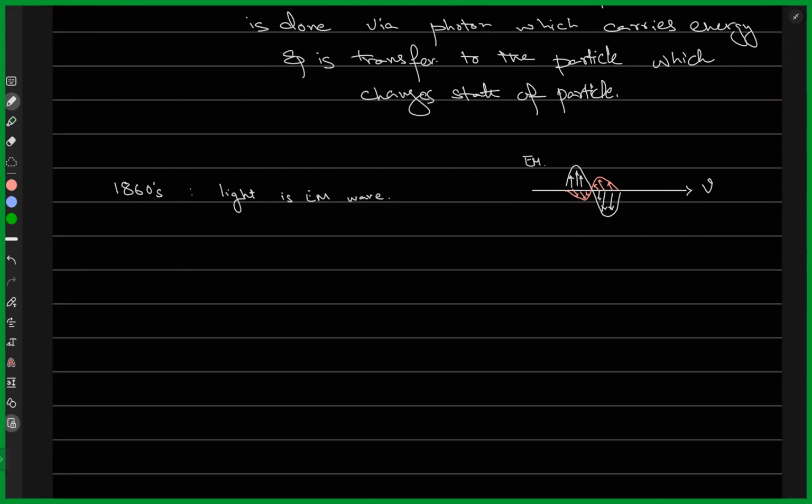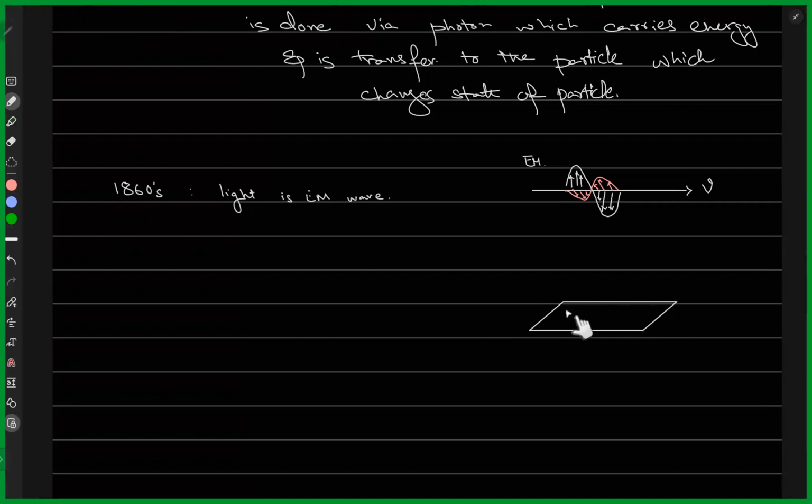But let's talk about the photoelectric effect. We'll talk about it in detail in a bit, but for the sake of this argument, suppose I have a table or a metal sheet. Of course, we know that this metal sheet is made up of electrons. Electrons live inside the metal sheet. That's what makes this metal sheet.